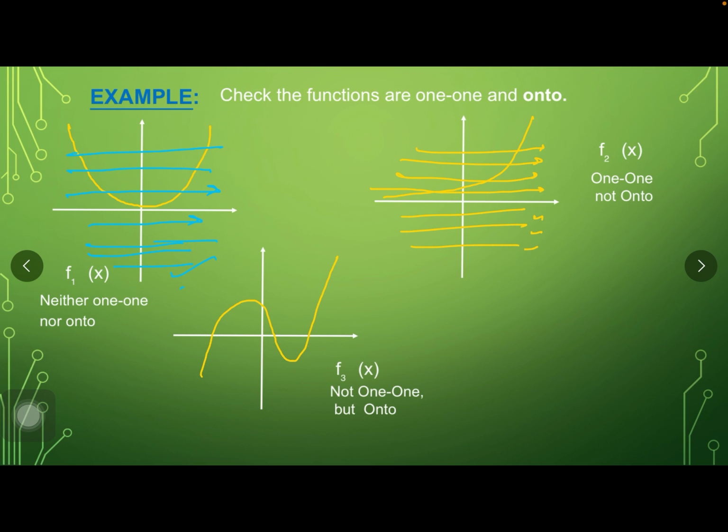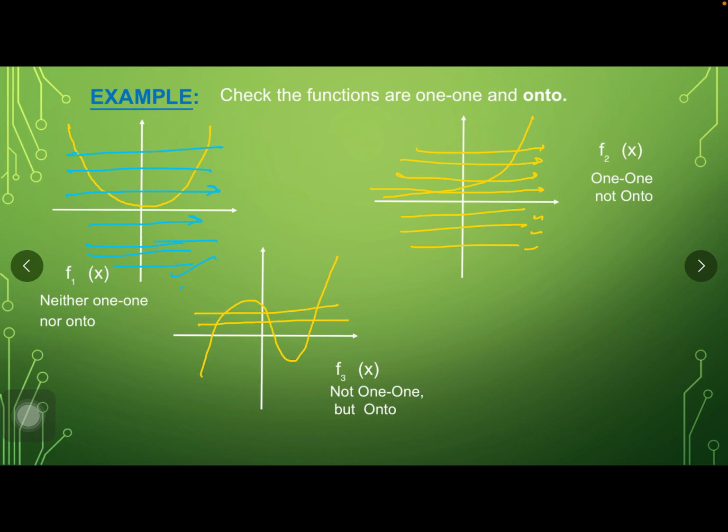Next one is, suppose this is our graph. What can you say about this graph? This is not one-one but onto. Why is it not one-one? Because if we draw our horizontal line like that, you can see these horizontal lines cut our graph at 1, 2, 3 points.